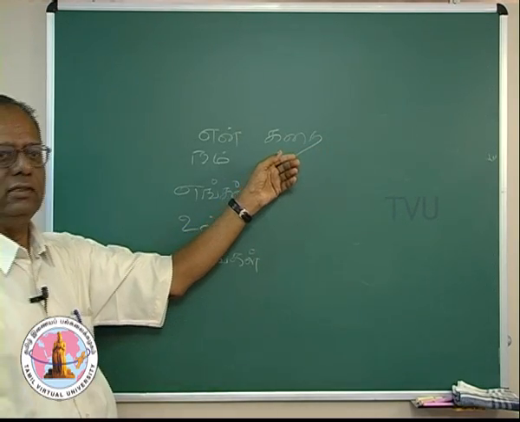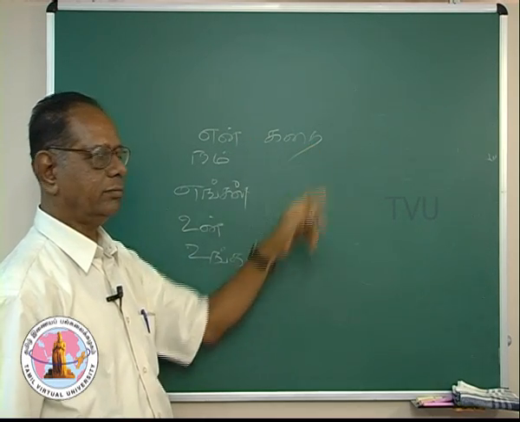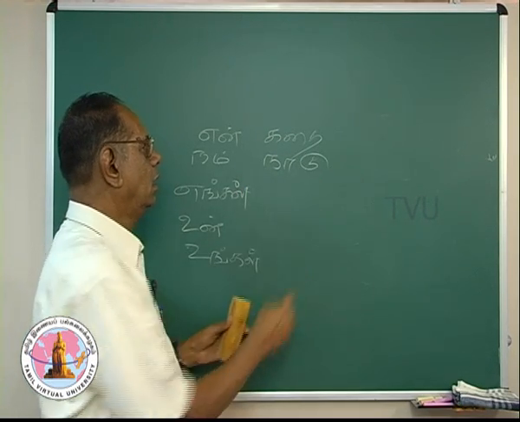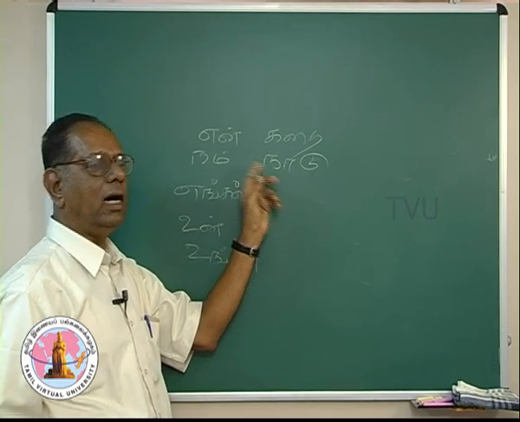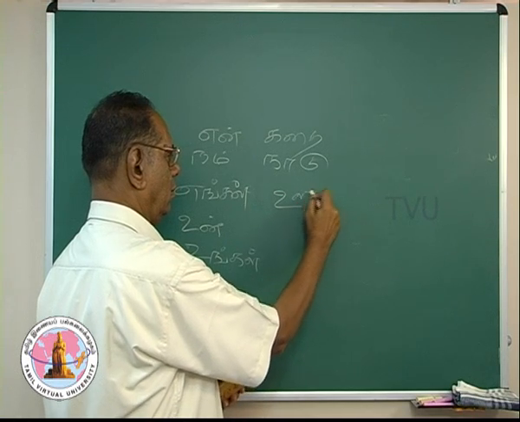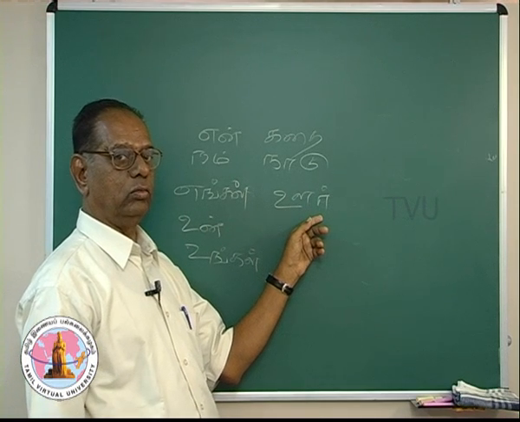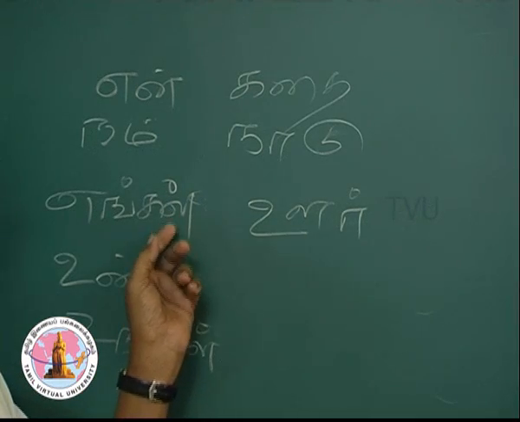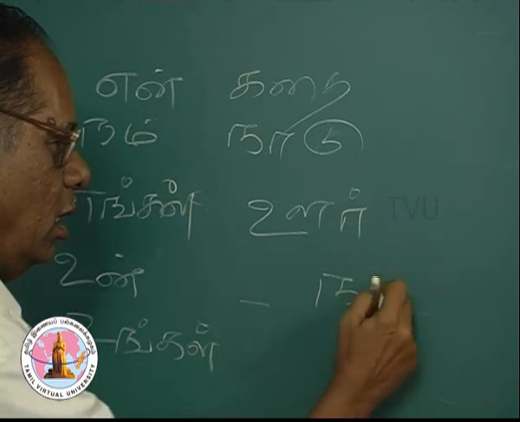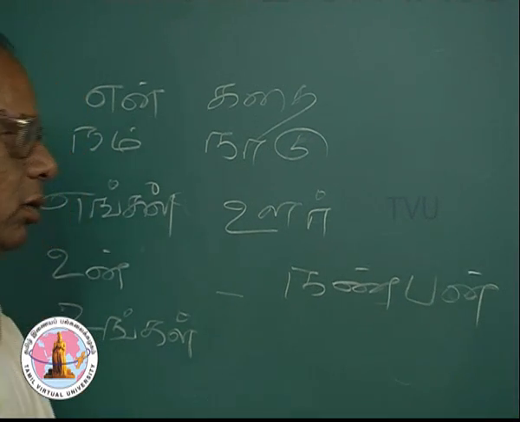கதை. கதை is a story. என் கதை, my story. நம் நாடு, our country. எங்கள் ஊர், our town. உன், do you know this word?